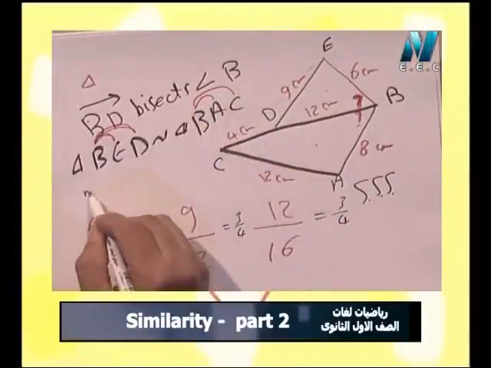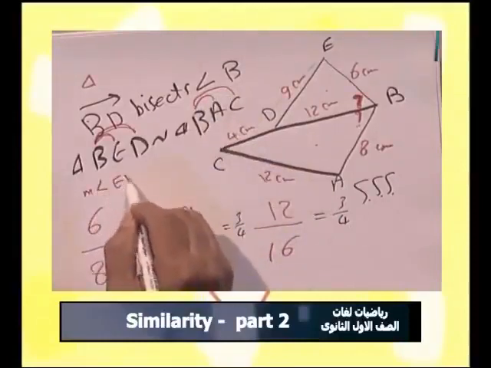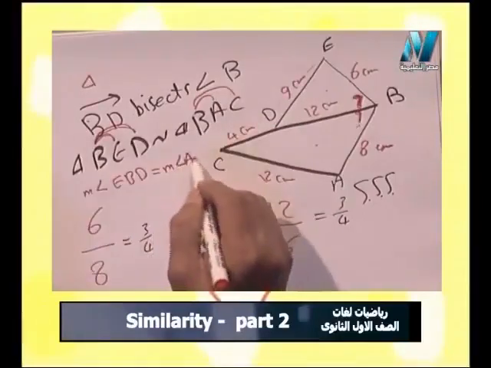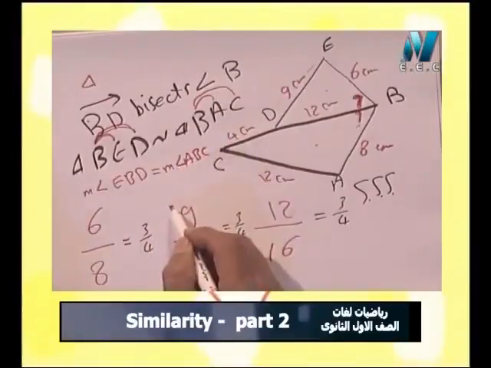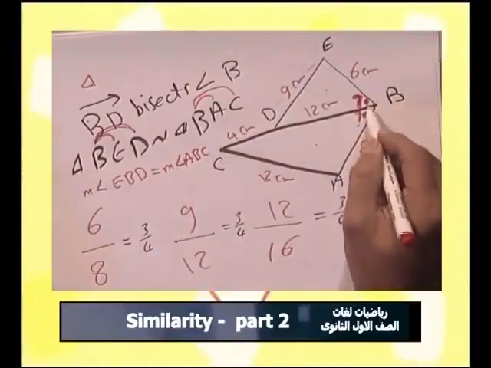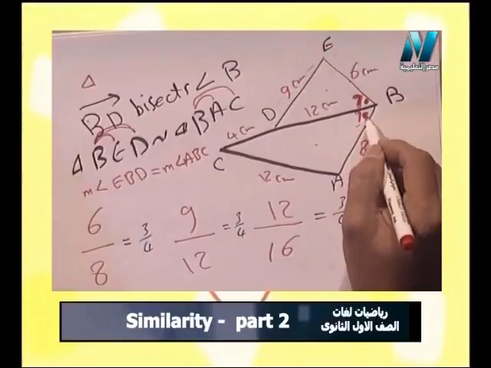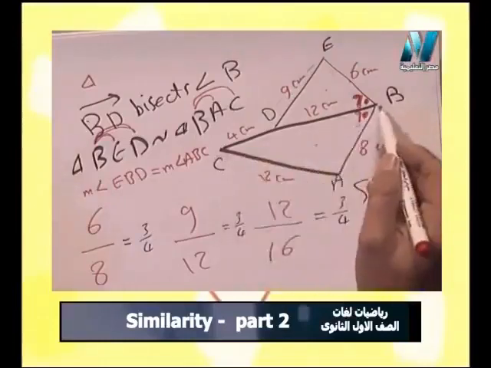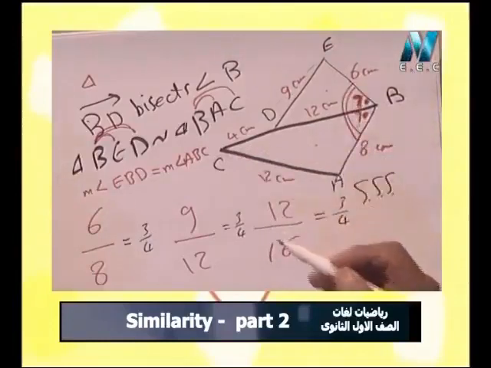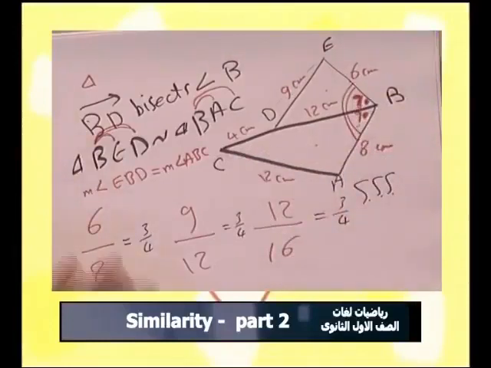So the measure of angle EBD equals the measure of angle ABC, which are the two angles. We have here the two angles are equal, so BD is the bisector of the angle B, or the angle EBA.